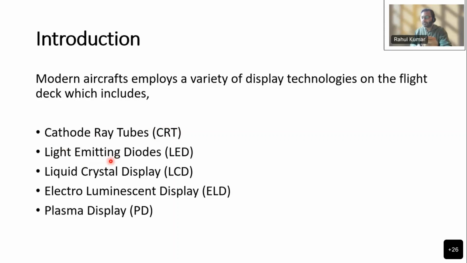Then you have light emitting diodes or LEDs, liquid crystal displays like LCDs, electroluminescent display ELD, and plasma display as well. So the displays which you find in the cockpit include all these different display technologies.